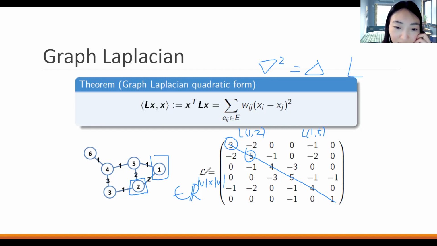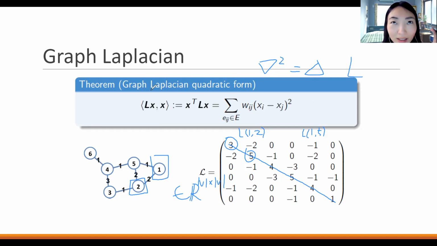So either way, this graph Laplacian L is very easy to get from any graph. When you're given a graph, whether it's directed or weighted, you can just get this out. You don't have to always do the gradient and the divergence and multiply them, okay?